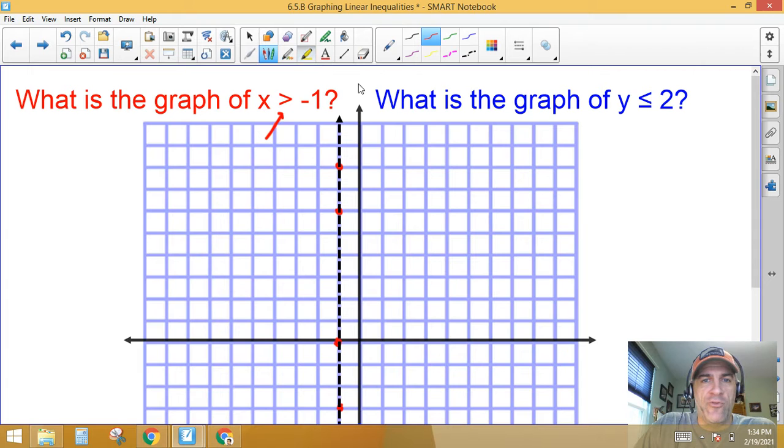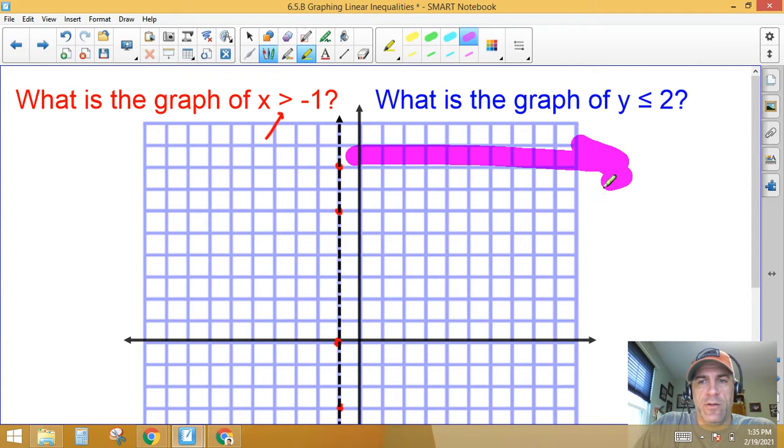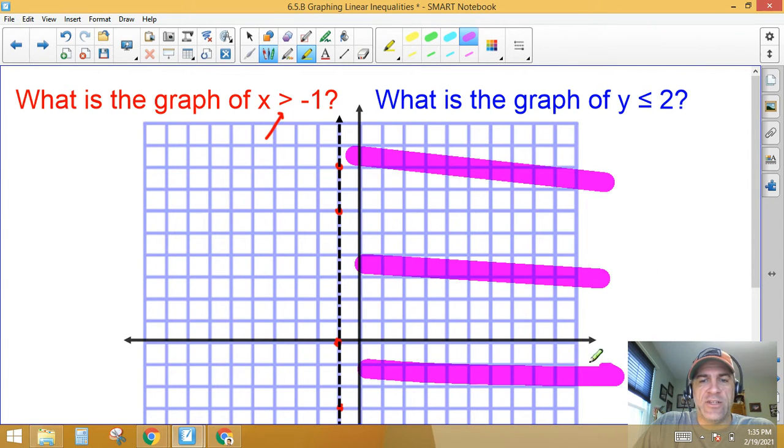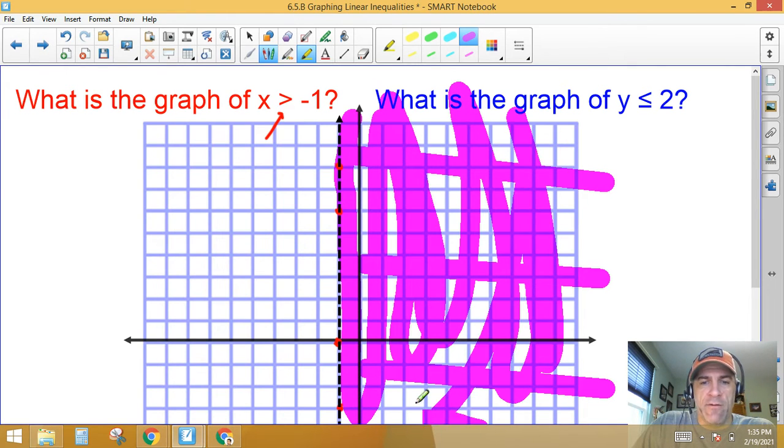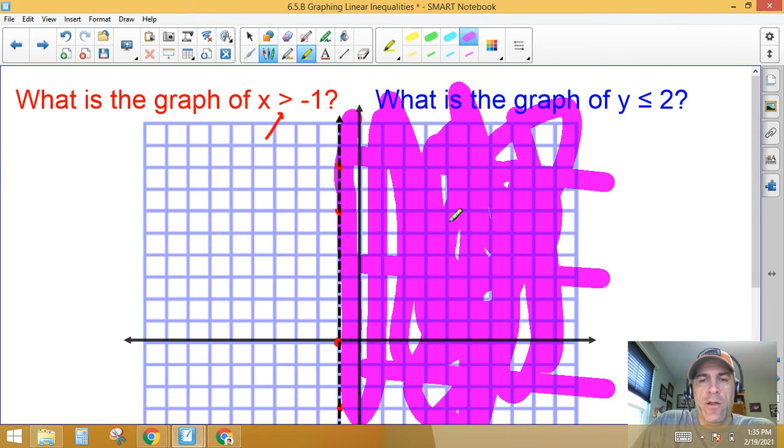So everywhere to the right, this is where x is greater than. So anywhere to the right of that dashed line would be a solution to that inequality. Not on that dashed line, that would be equal to it. Since it's not equal to, it's just greater than, it won't work.